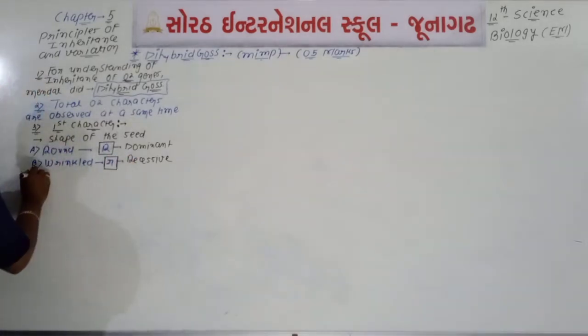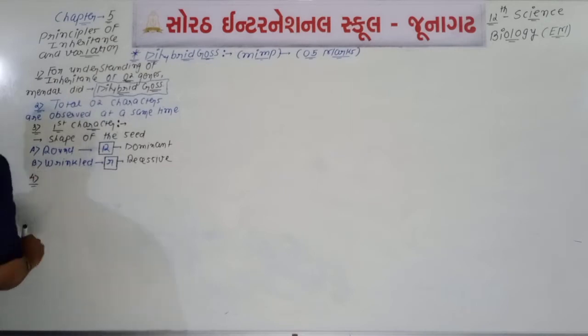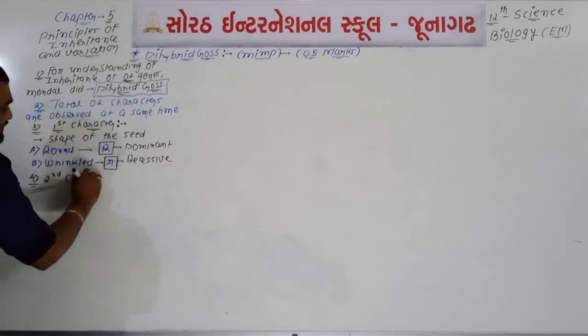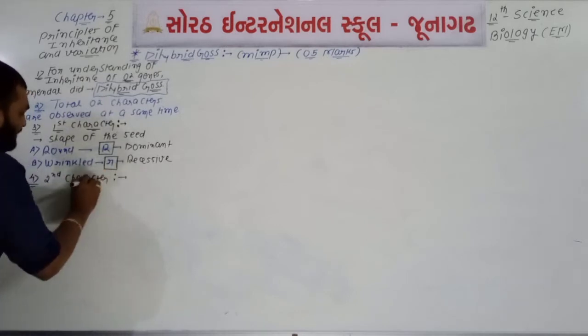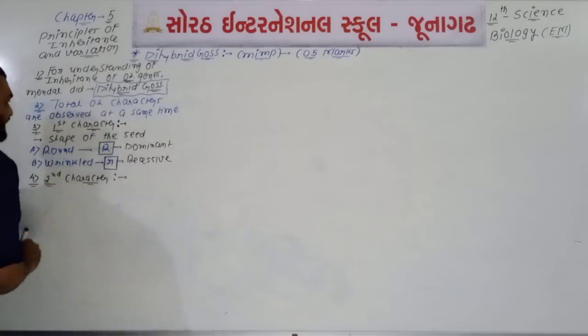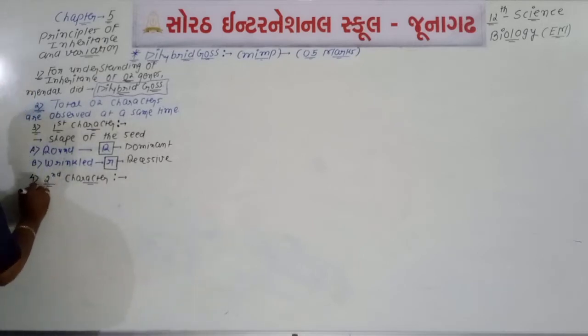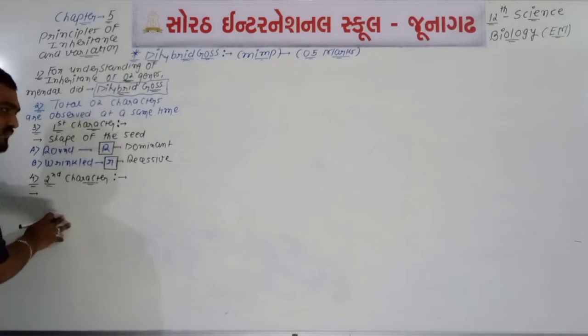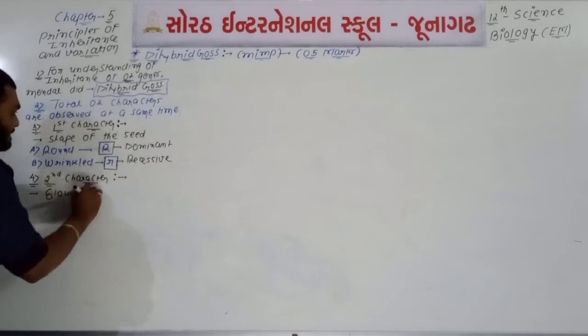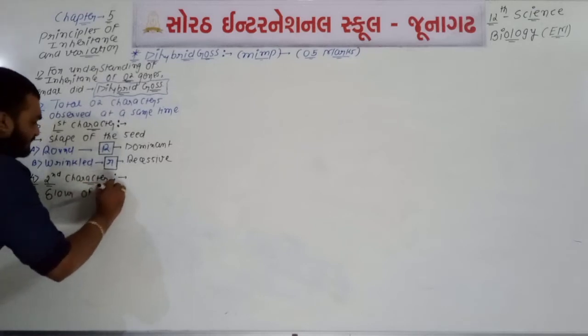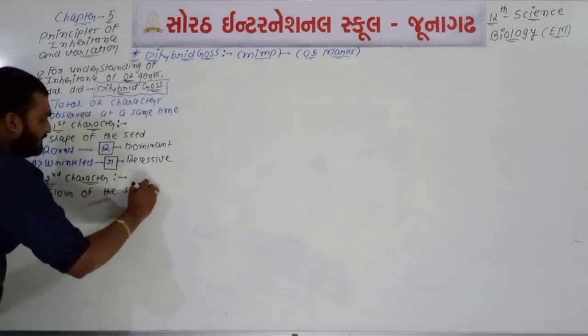Now point number 4, the second character. The first was about the shape; the second one is about the color of the seed.